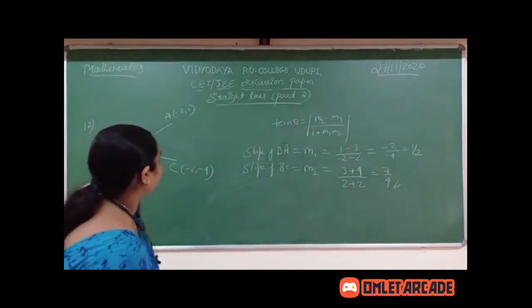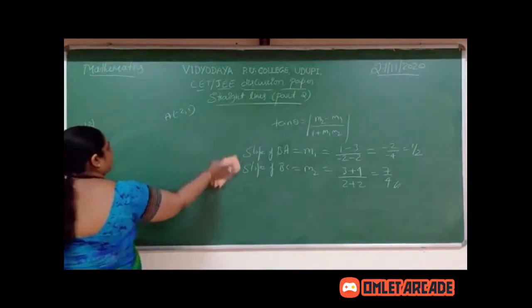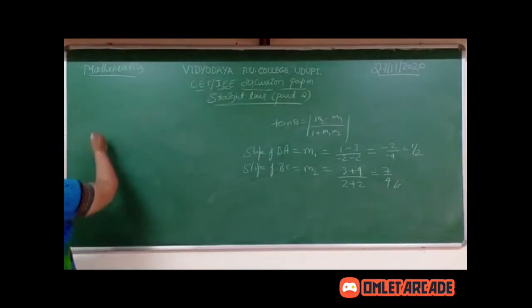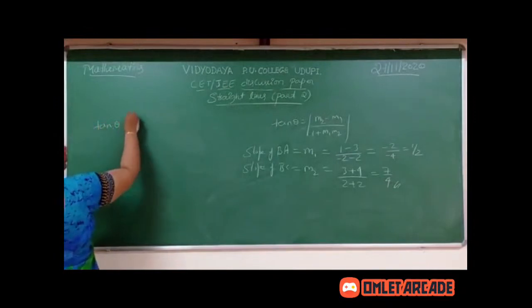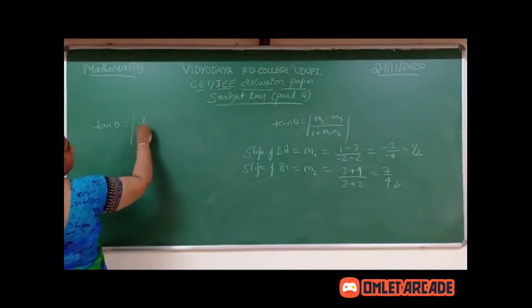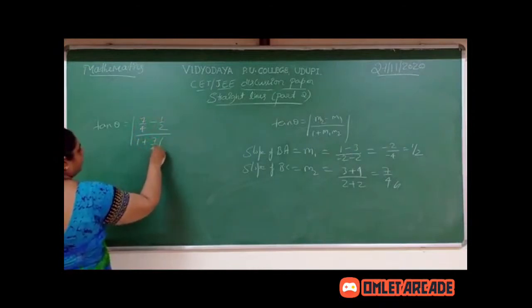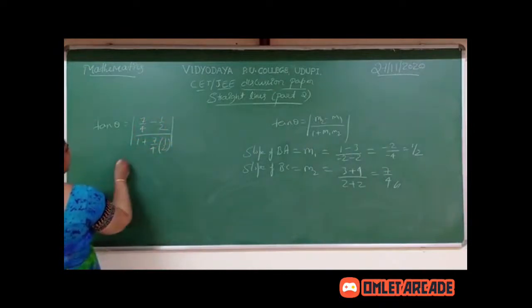Now can you find tan theta, students? We are finding the angle between two lines. The lines are BA and BC here. So tan theta is equal to (M2 is 7 by 4 minus half) divided by (1 plus 7 by 4 into half).